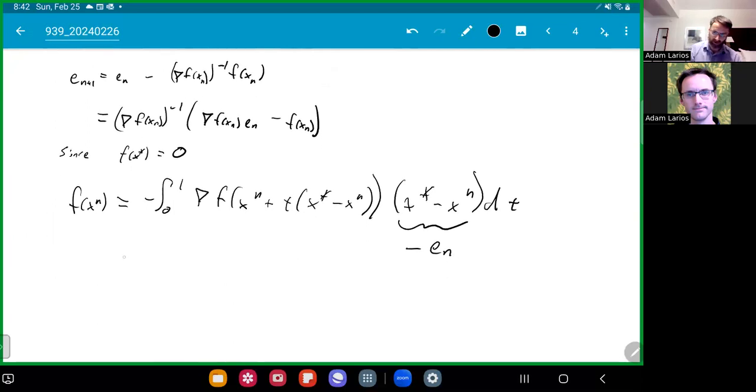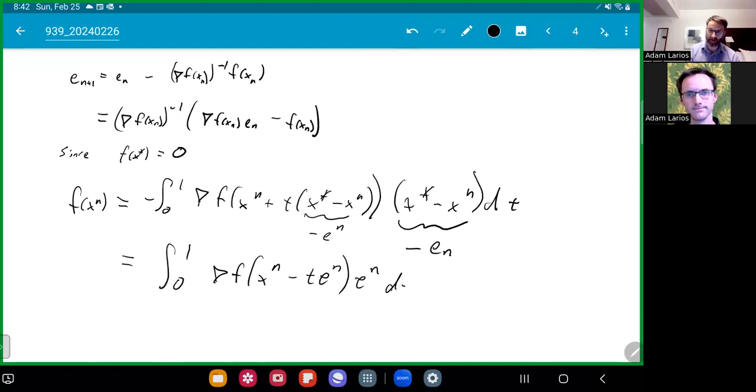So this is just the positive integral 0 to 1 of the gradient of f of xn minus t En, and then this guy is negative En. So this plus becomes a minus, times En dt.